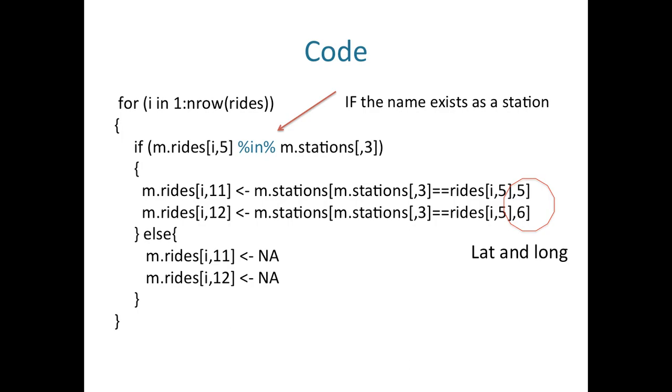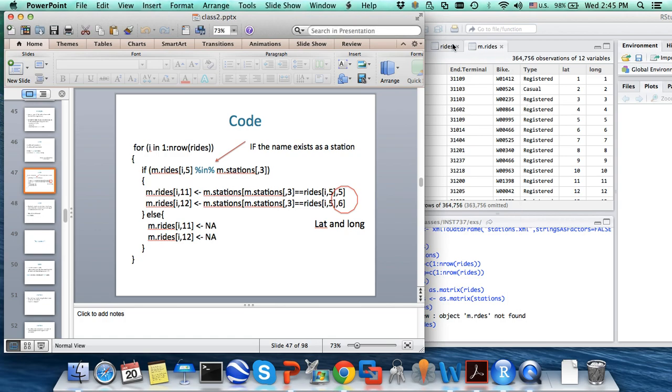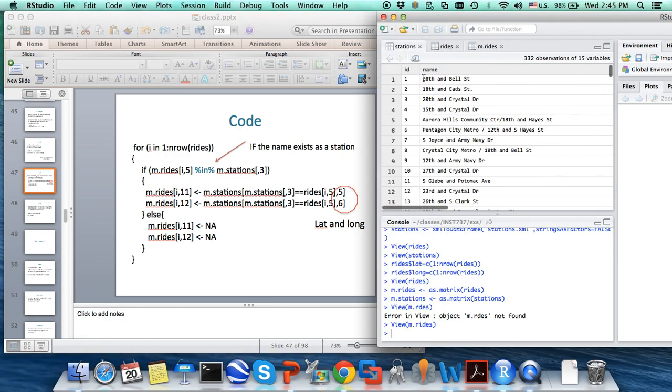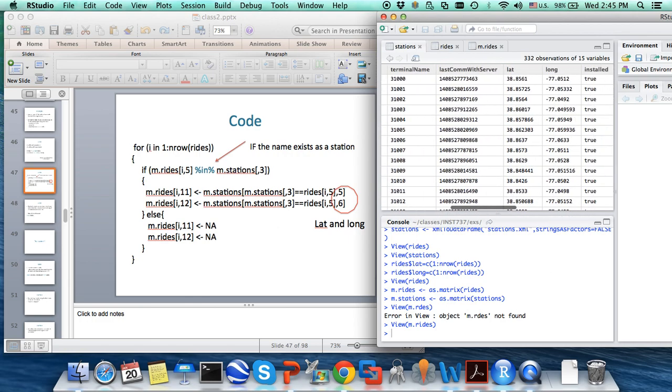Once we have checked that, the next two lines, M rights 11 and 12, are adding the latitude and longitude. At the latitude column, we are going to add column number 5 from the stations and column number 6 from the stations. If you look at the data structure from stations here, columns 5 and 6 contain exactly the latitude and longitude.